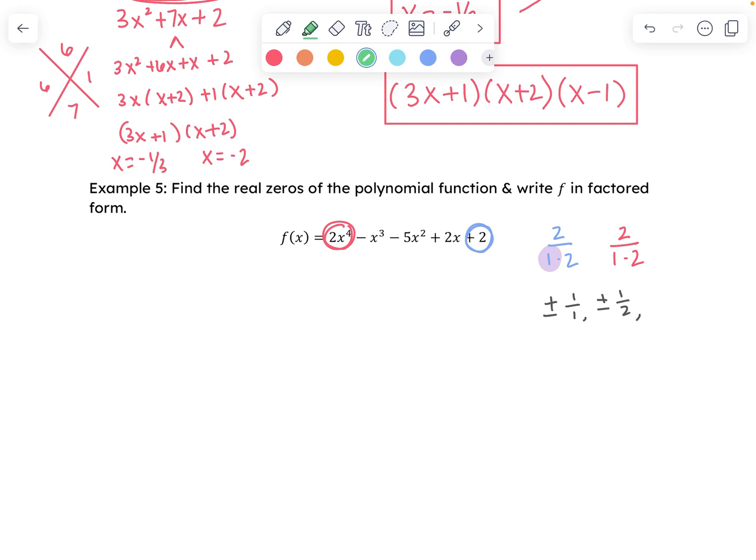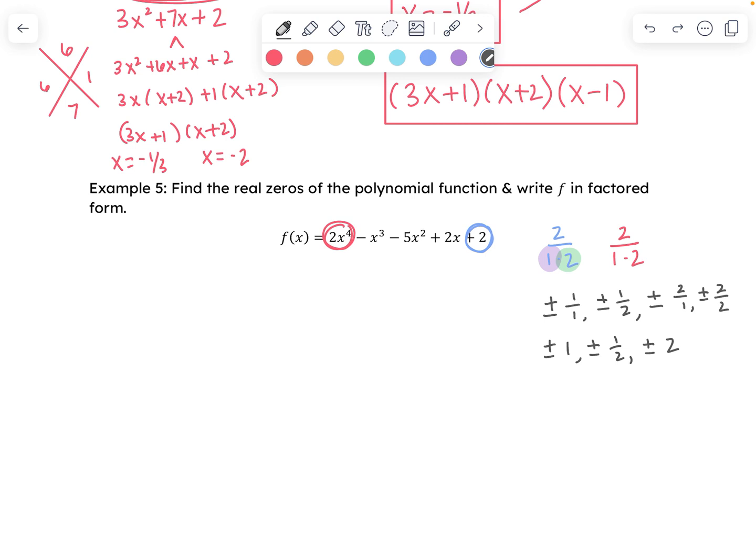And then move on to the 2 being divided by those. I would get plus or minus 2 over 1 and plus or minus 2 over 2. So plus or minus 1, plus or minus 1/2, plus or minus 2, and 2 over 2 gets me back to 1. So I've just got those three options this time.